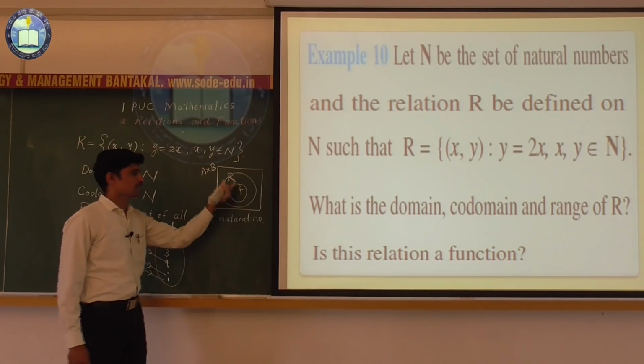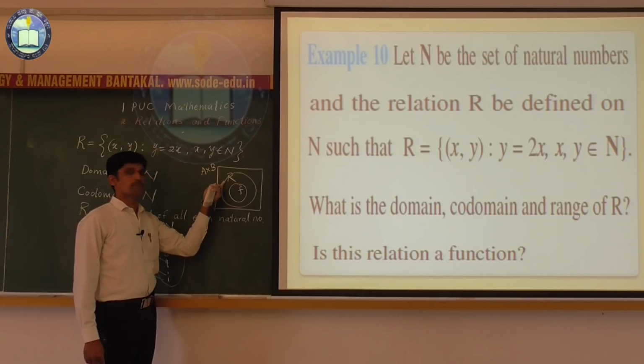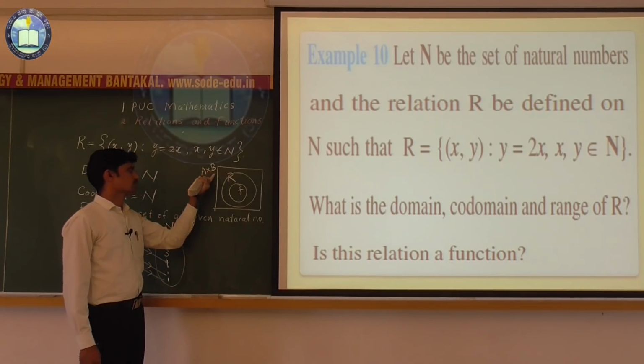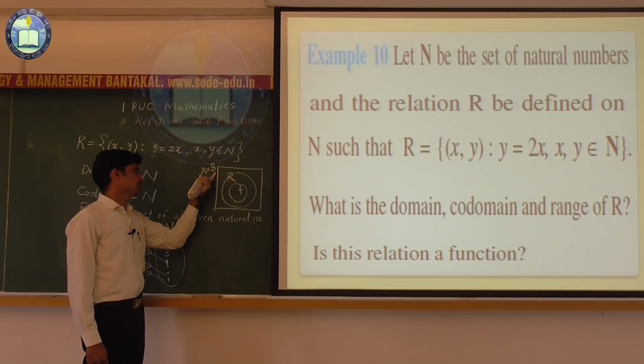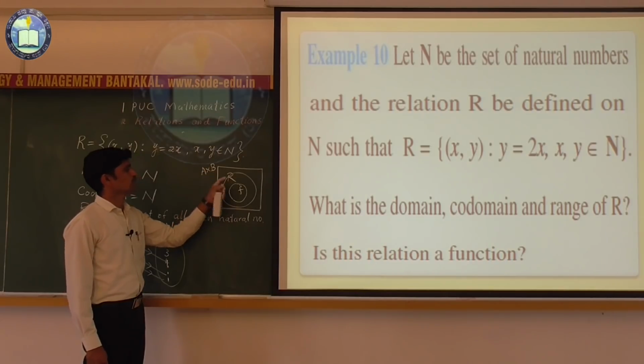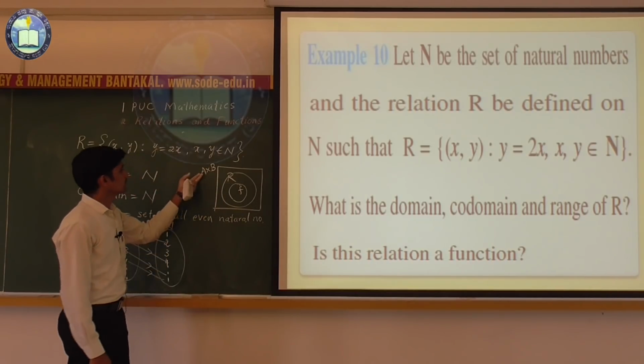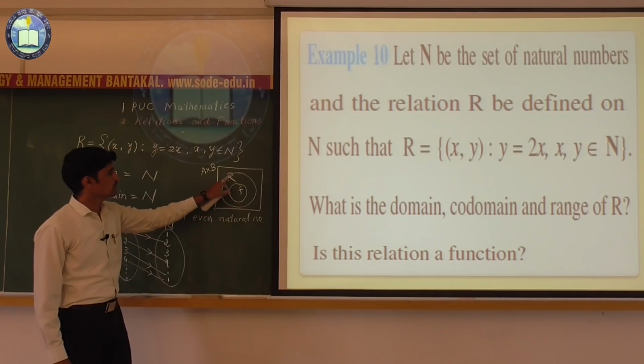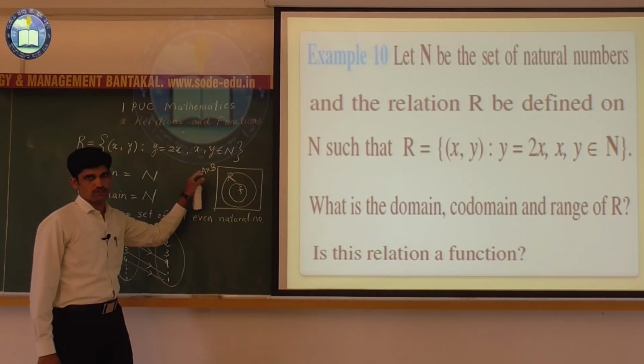So every function is a relation, but every relation may not be a function. Every relation is a subset of the Cartesian product of two sets, but all the elements in the Cartesian product may not give the relation. Therefore, we can say that f is a subset of R, which is a subset of the Cartesian product of two sets A and B.